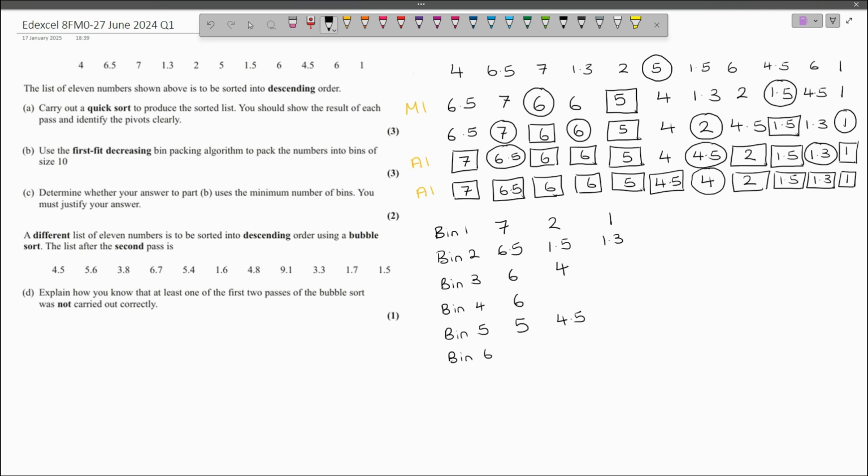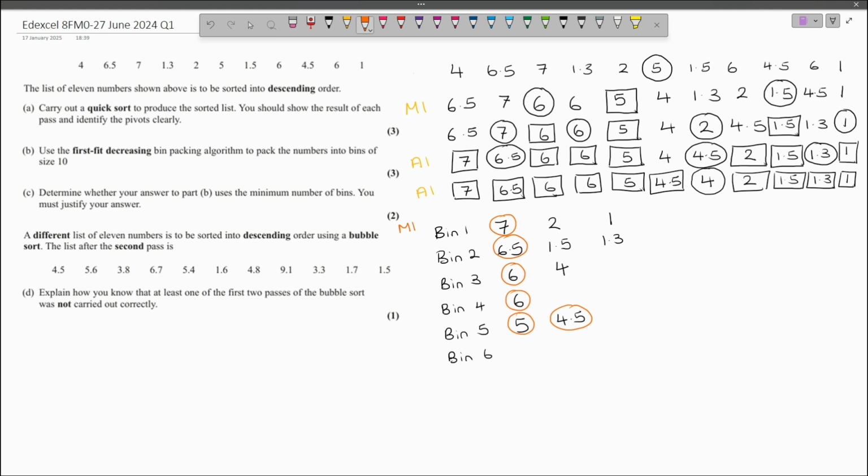Okay. So how are the marks allocated? There is a method mark, an M1 mark, for getting these following numbers to the correct bin. So any number circled in orange has to be placed into the correct bin to get the first method mark.